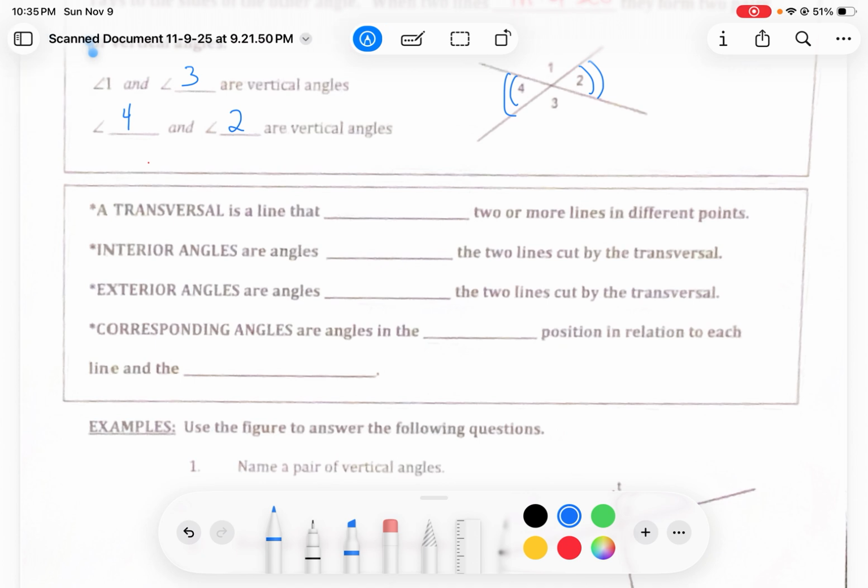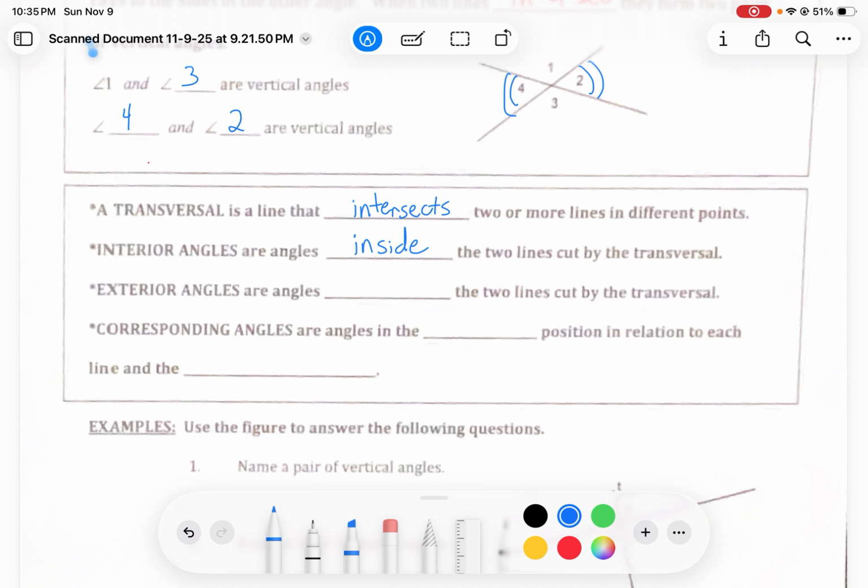Next box, a transversal, which is a geometry term, is a line that intersects two or more lines in different points. And the interior angles are angles inside, or in between the two lines that are cut by the transversal.